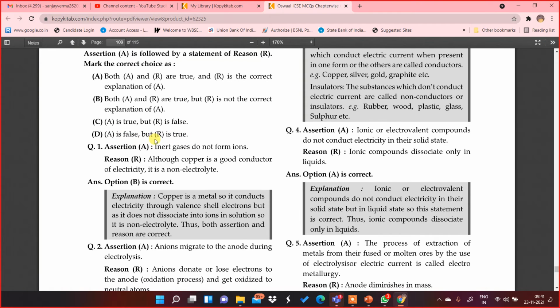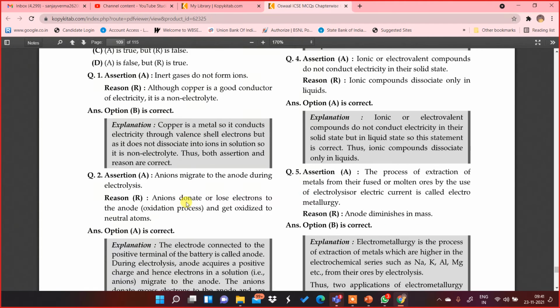A cannot be false. So for question number 1 on the assertion type, the option is B. Both the assertion and the reasoning are true, but the reasoning is not the correct explanation for the assertion. Am I clear now?